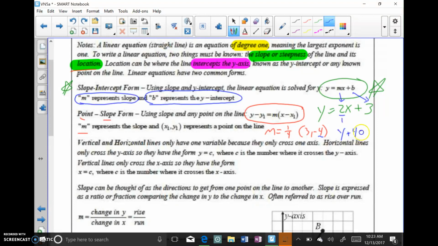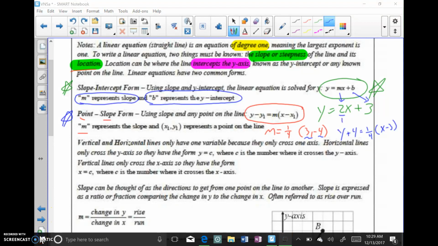So we'd write it as y plus 4 equals 1/4 parentheses x minus 3. Again, that's your y minus your y value equals your slope m parentheses x minus the x value. And again, we're going to spend entire specific days dedicated to y equals mx plus b and the point-slope formula.